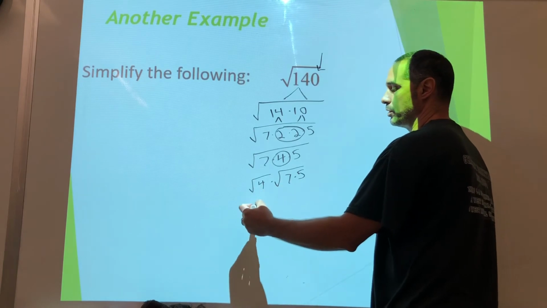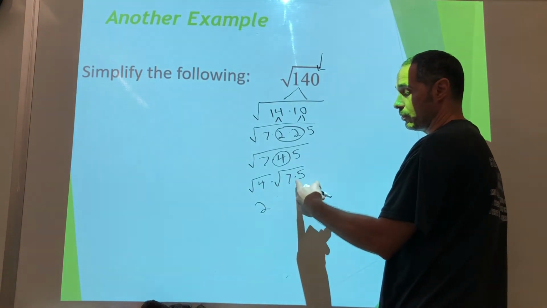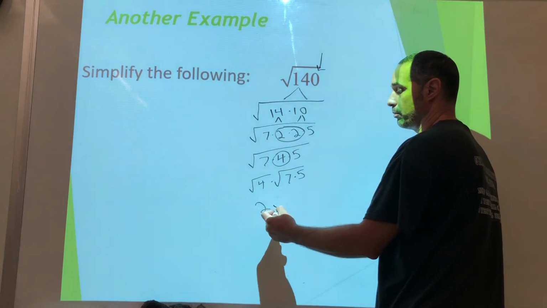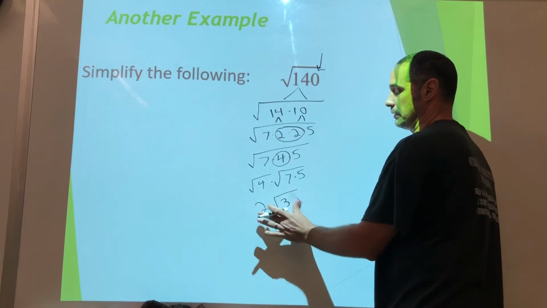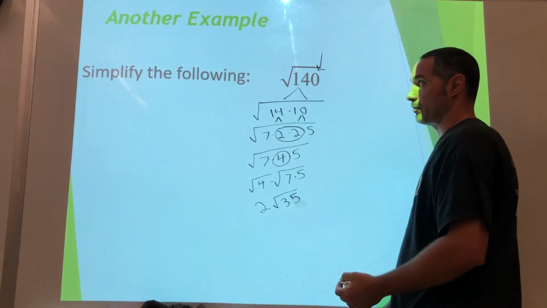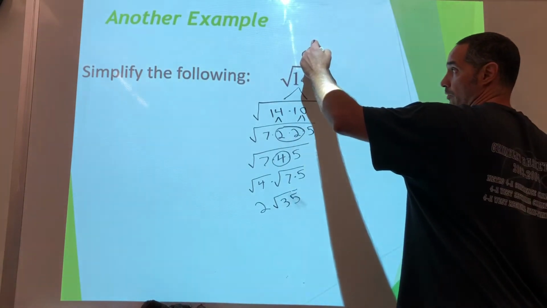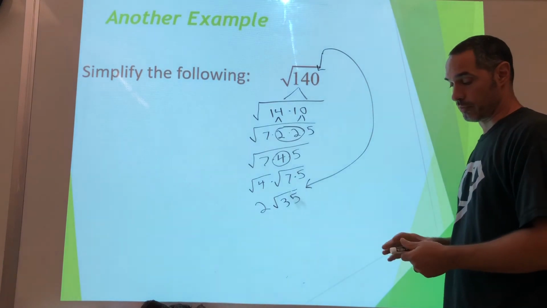The square root of 4 is 2. We can't simplify this any further, so this 7 times 5, we're going to multiply that out, and that's the square root of 35. So 2 times the square root of 35. So the square root of 140 simplifies to 2 times the square root of 35.